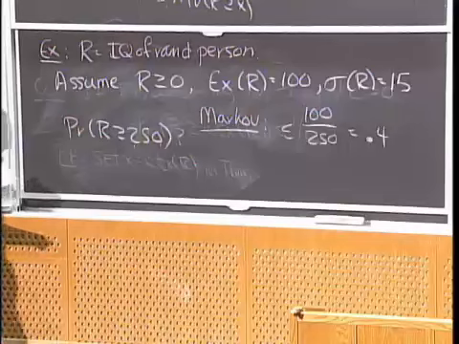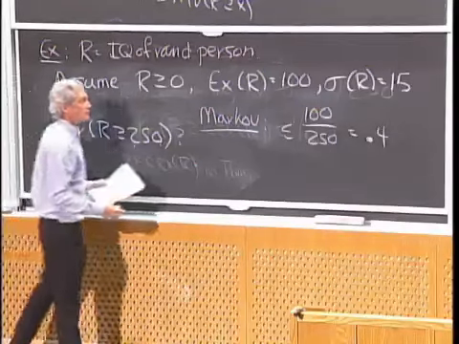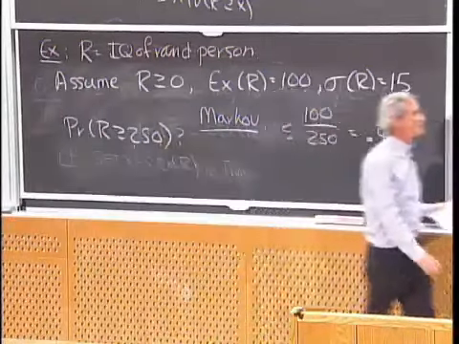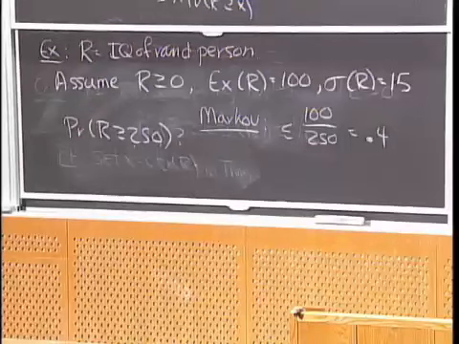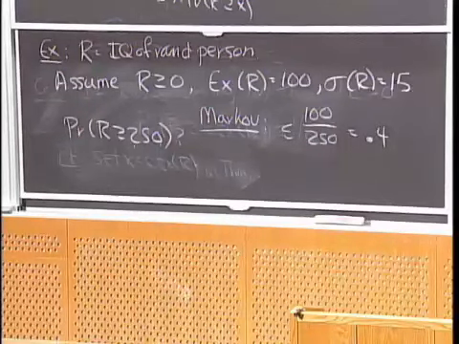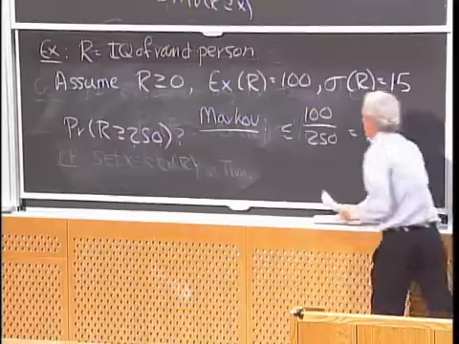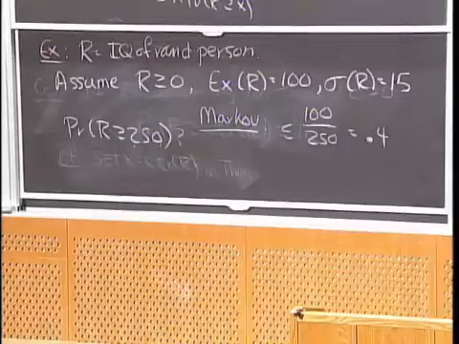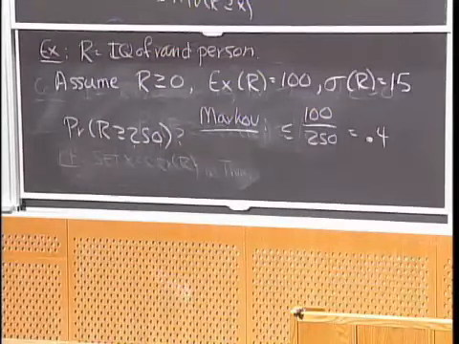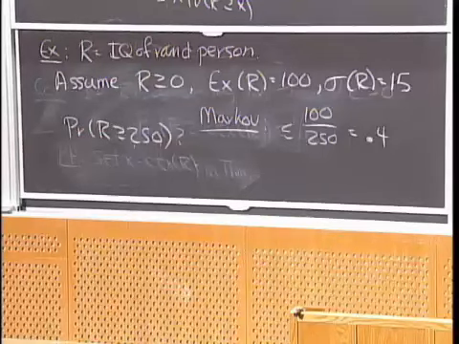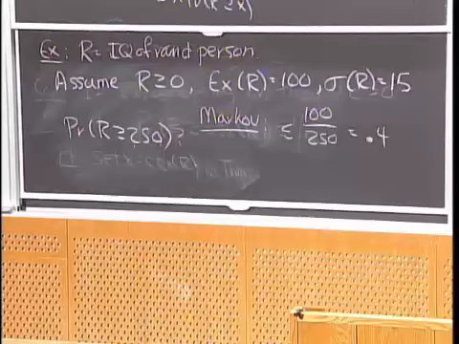What about Chebyshev? See if you can figure out what Chebyshev says about the probability of having an IQ of at least 250. It's a little tricky. You've got to plug it into the equation and get it to fit in the right form.